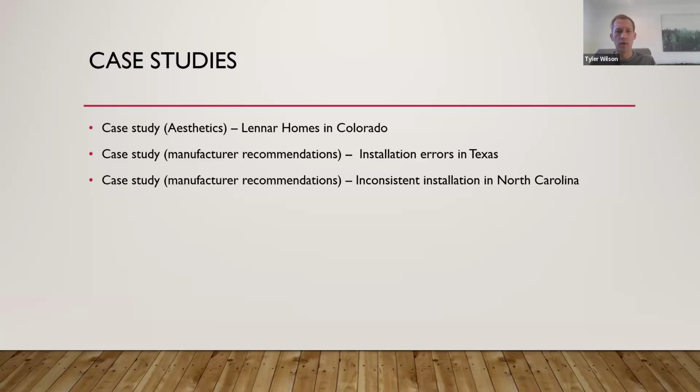Another case study that we have here is inconsistent installation for a very large installer in North Carolina. Like I mentioned earlier, they were having someone fabricate stuff on the job. They were having people cut up coil stock and finding out afterwards that a lot of the times those pieces were not being cut at the consistent 6 inches that were recommended by the manufacturer.